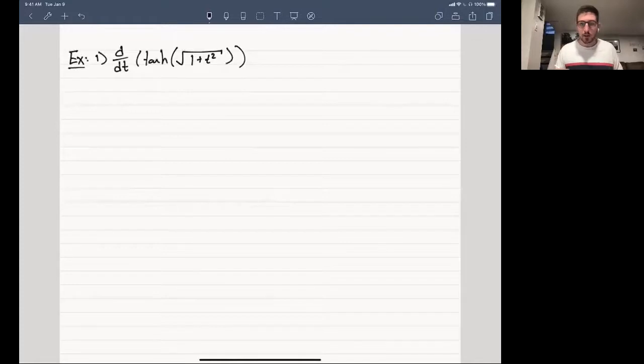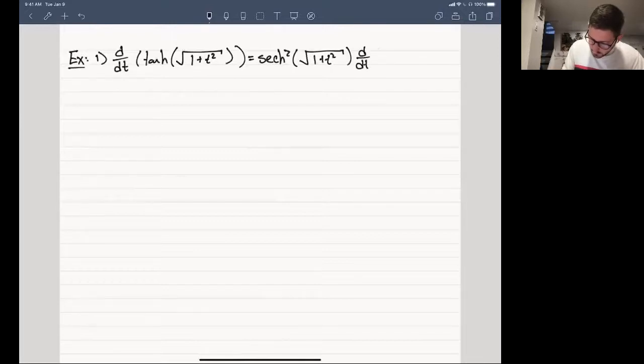The hardest part about this is that it's a chain rule application. The outer function is the hyperbolic tangent. The inner function is the square root of 1 plus t squared. So the chain rule tells us we get sech squared of the inner function, and then times the derivative of the inner function itself.